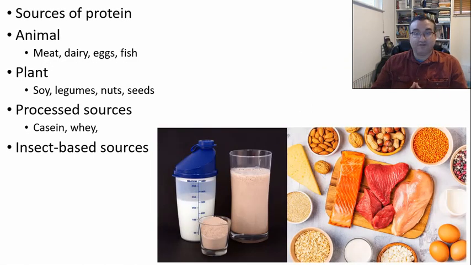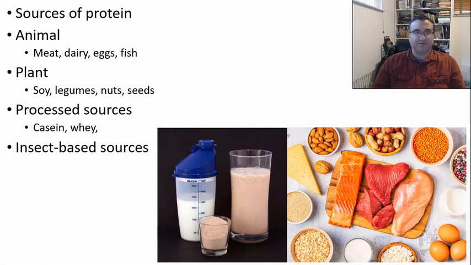In the world of our diet, we can talk about sources of protein such as animal sources: meats, dairy, eggs, fish. We can talk about plant sources such as soy, legumes, nuts, and seeds. And there are processed sources like casein or whey, and whey protein is a processed powdered source.